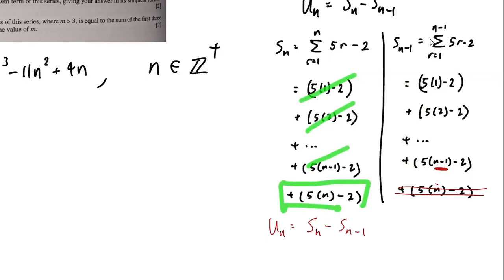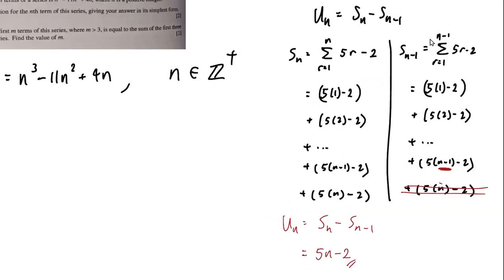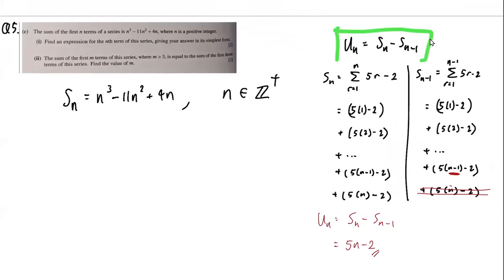But you will still have this extra phi n minus 2 that's left behind, and that will be your un. Of course, you just need to remember the formula and you're good to go. If you don't understand this, I hope you understand what's going on. You basically take the big sum minus away the small sum less by one term, and you'll be able to recover the last term, this guy, which is your un, which is what the question is asking for.